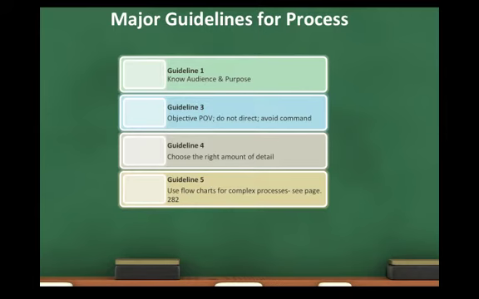And then the last one is guideline 5. It's not something that we'll necessarily be doing in our class. It's just important to note that for complex processes, it might be better, instead of writing paragraphs, to use a flowchart. If you're unfamiliar with a flowchart, see page 282.